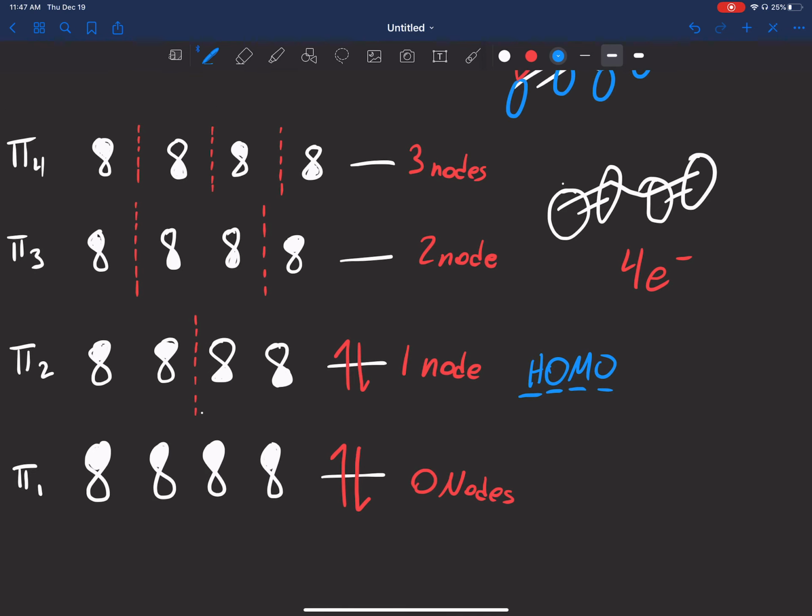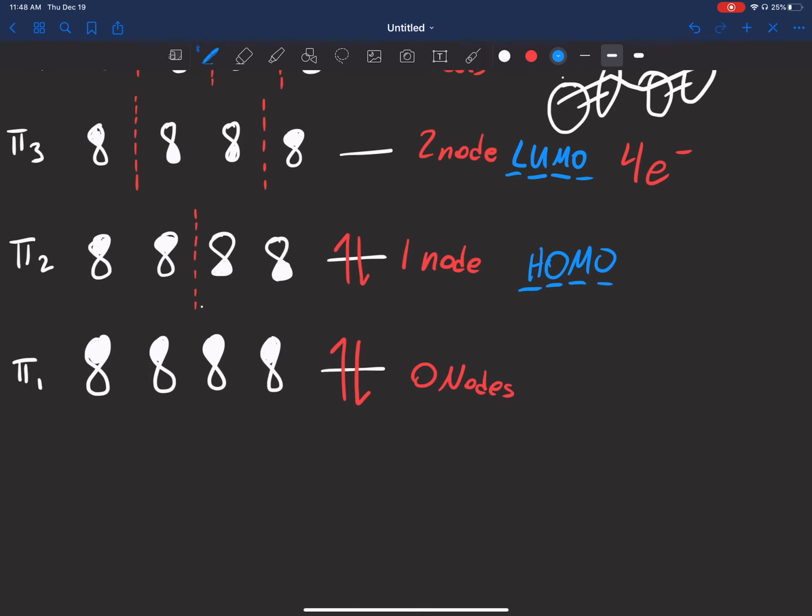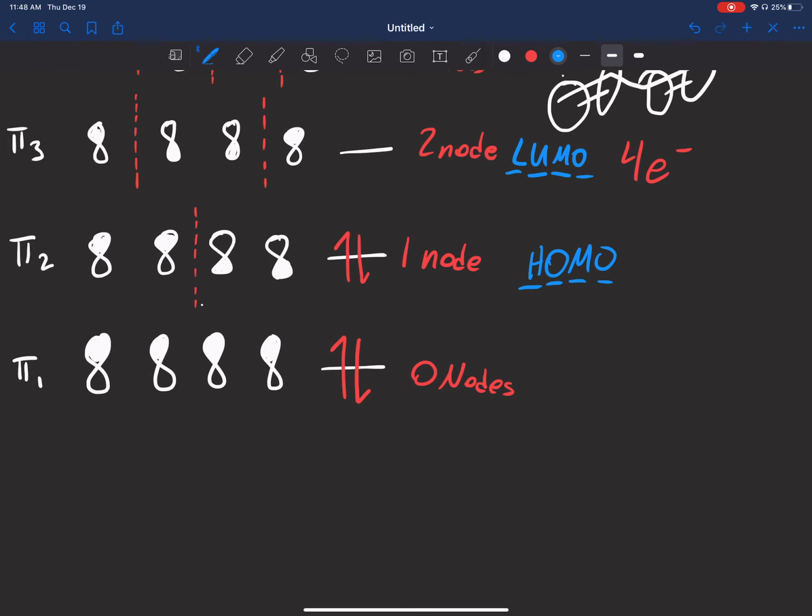And then this orbital that's right above the orbital with electrons is going to be called the lowest unoccupied molecular orbital. Because you see, it's unoccupied, and it's the lowest of all the unoccupied ones. So we call this the LUMO orbital, lowest unoccupied molecular orbital. So the LUMO is always above the HOMO orbital, right?